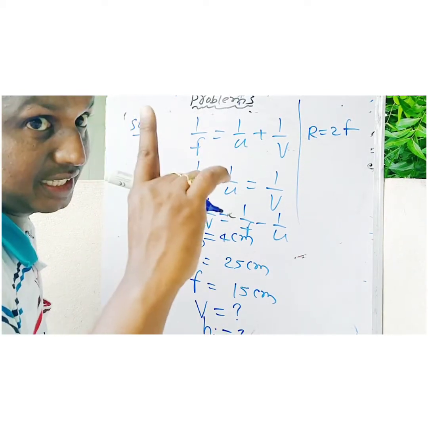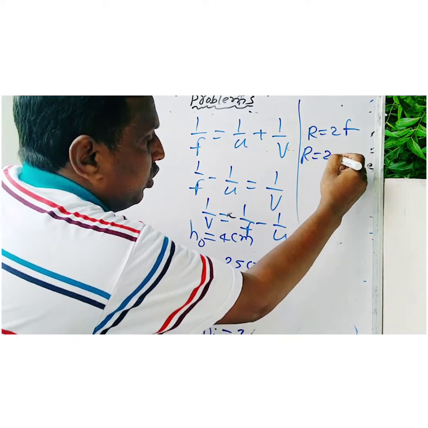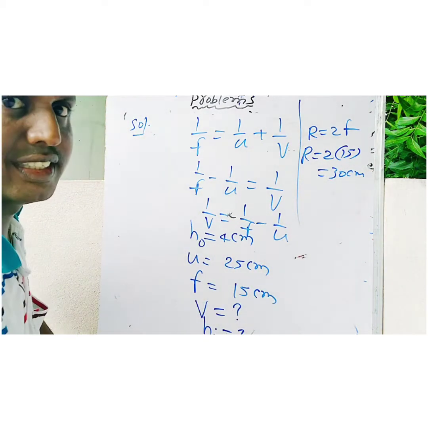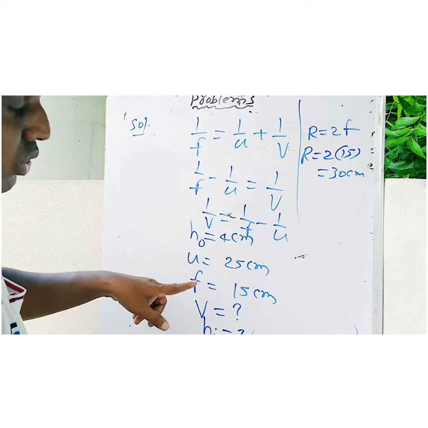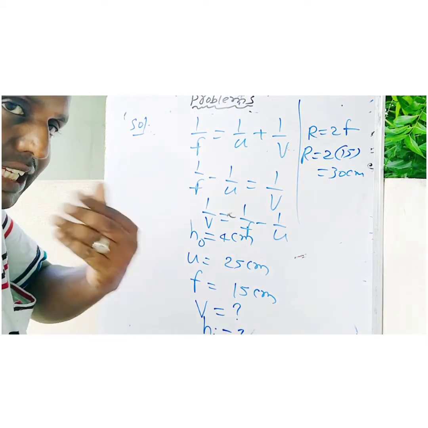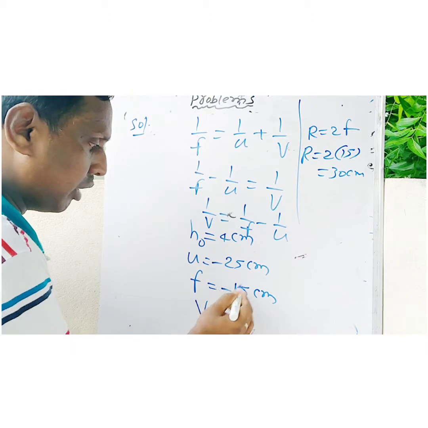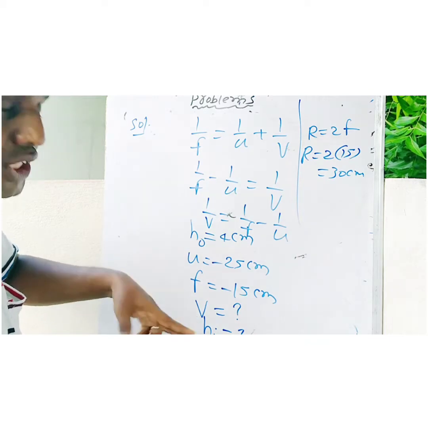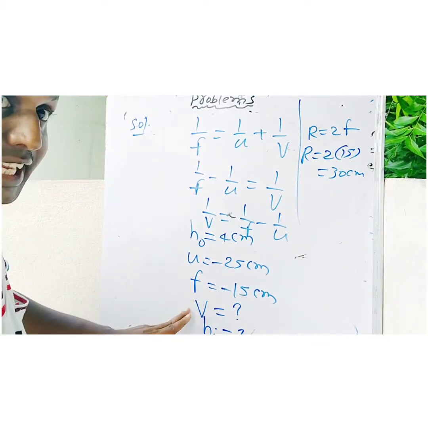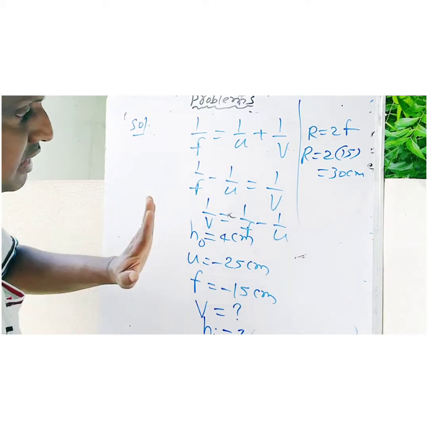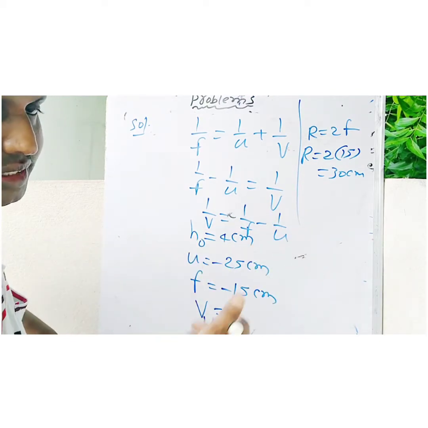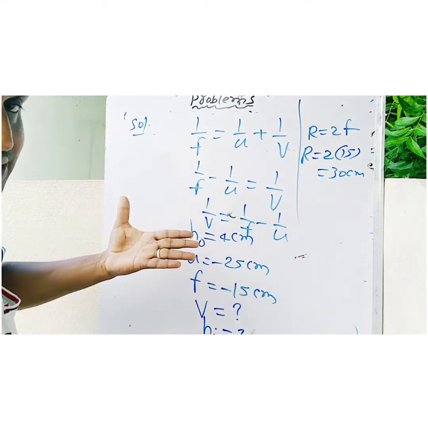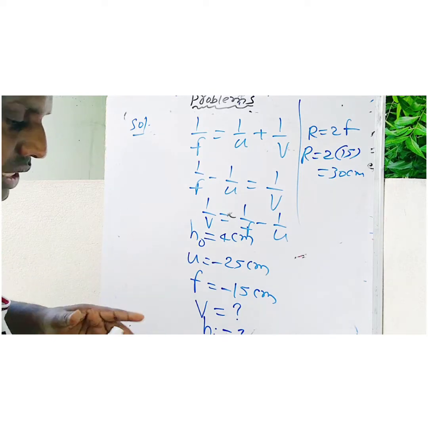I told you that except for the first case, in all cases all are negative. So U is negative, F is negative, HO is positive, and V and HI we will get negative, because this is not the first case.